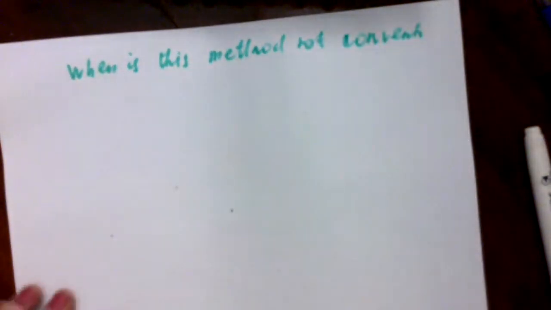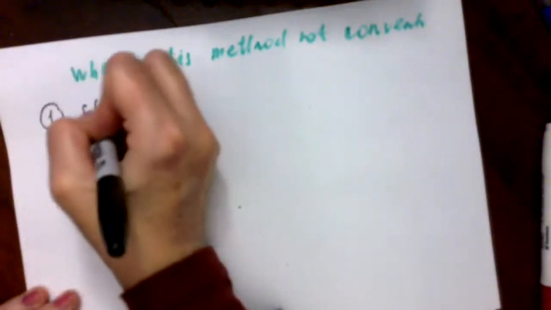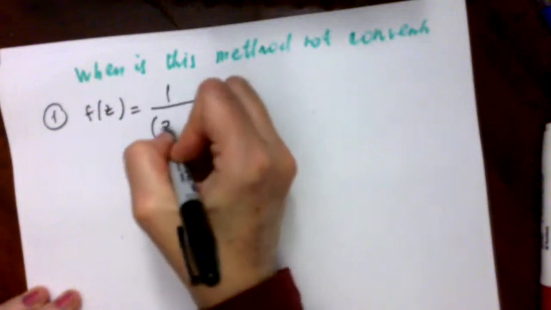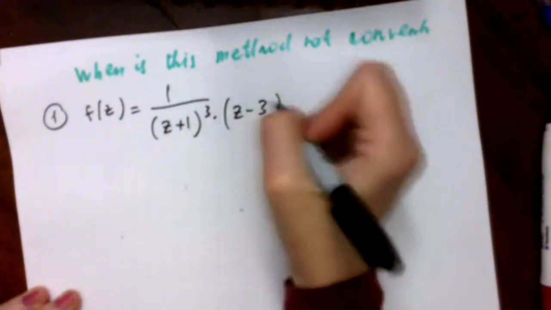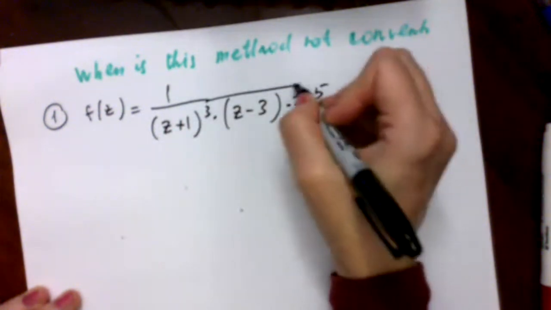Let's discuss. So my first example is something like this. For example, f of z is equal to something like (z plus 1) cubed times (z minus 3), and times maybe something else even, just to scare you off completely.